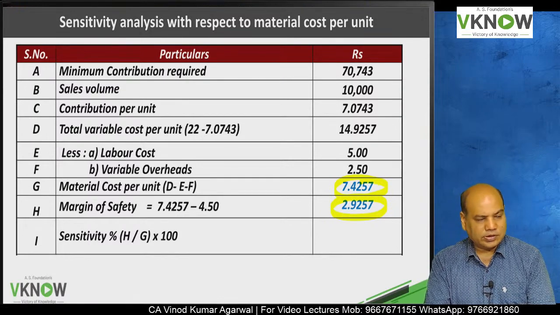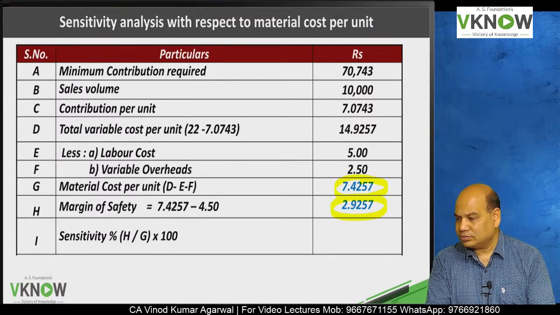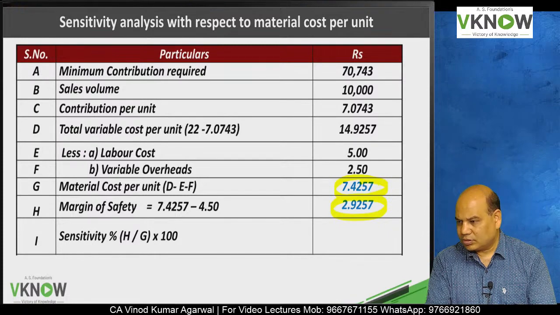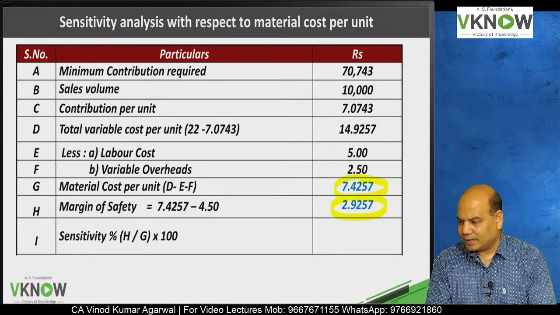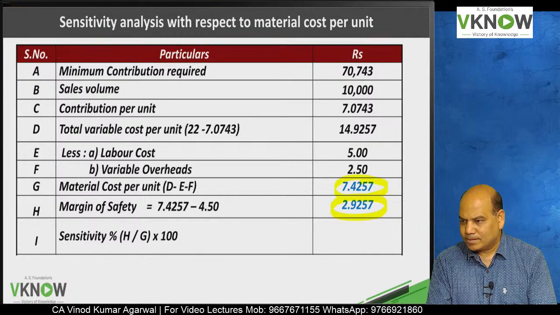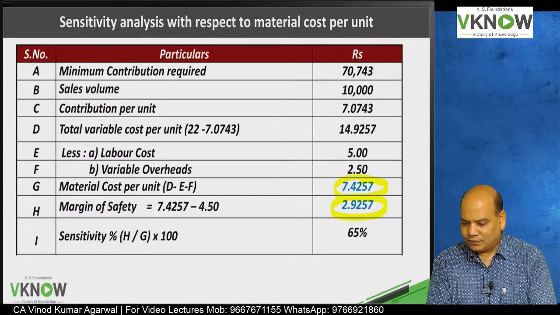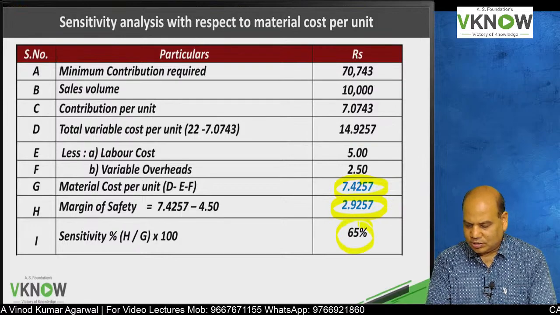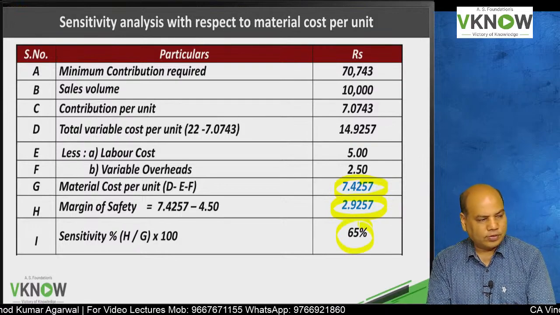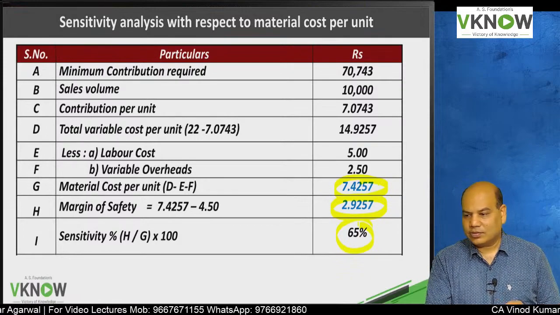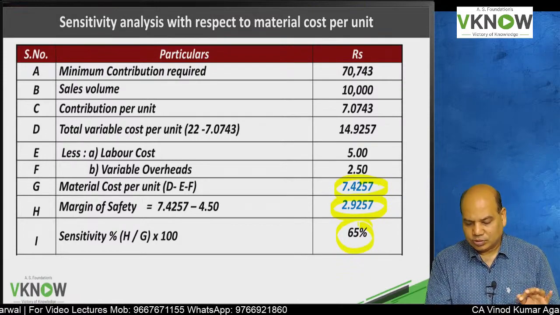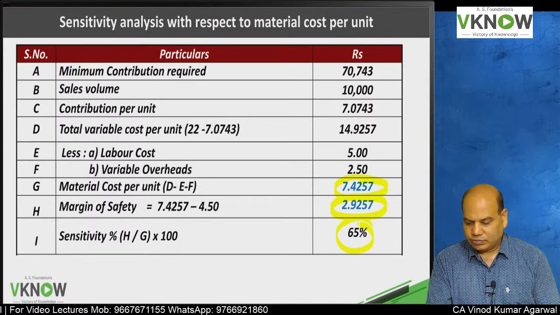Can you tell me the margin of safety percentage now? Margin of safety percentage, H upon G. Yes, please. 65%. Oh my God. So here we have a lot of margin of safety. So risk is less when it comes to material cost, because here we have a very high margin.